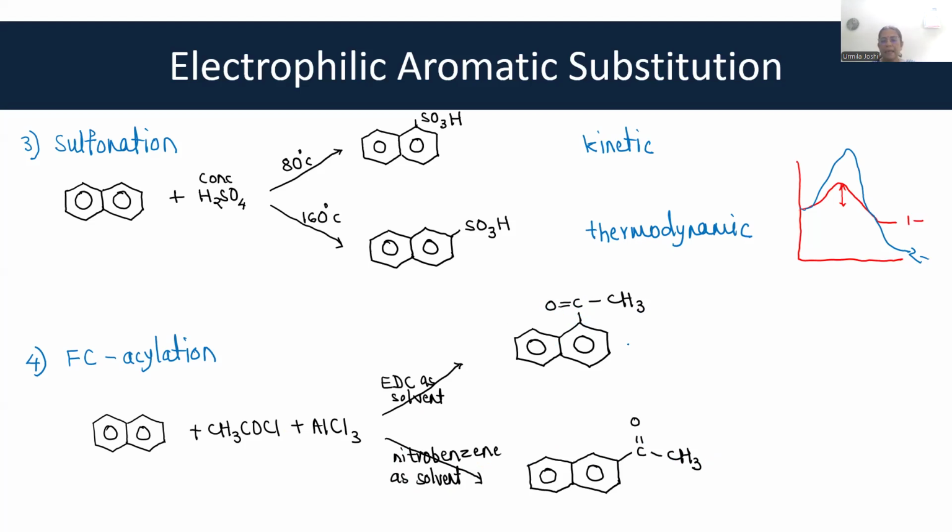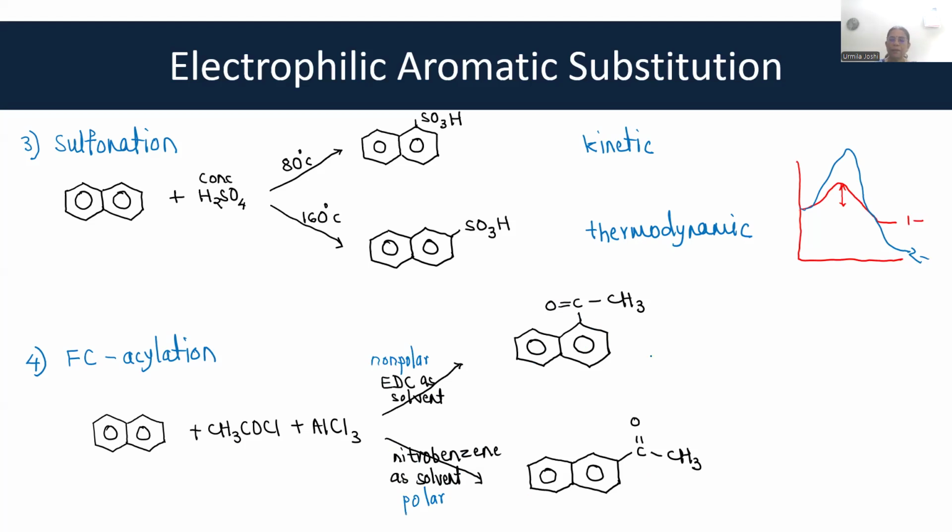Again, the reason is the same. This is kinetically controlled. This is thermodynamically controlled. But when you use a non-polar, this is a more non-polar solvent, whereas this becomes a more polar solvent. If you use a more non-polar solvent, the product precipitates and therefore there is no chance of reversal, whereas in a polar solvent, the product does not precipitate.